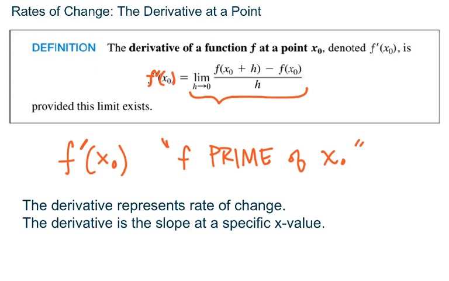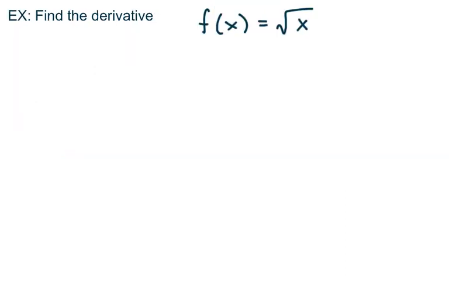So let's look at an example. In this example, we're going to find the derivative of the function. And the function given, f of x, equals the square root of x. So we want to make sure that we understand our derivative formula. And I'm going to rewrite it here without my x sub 0. We'll just say f prime of x, the derivative of a function.